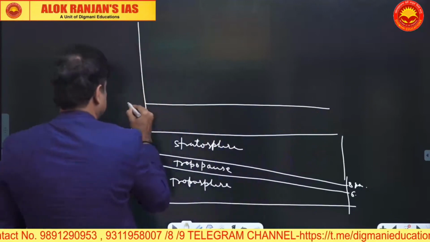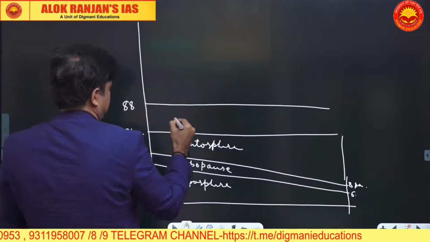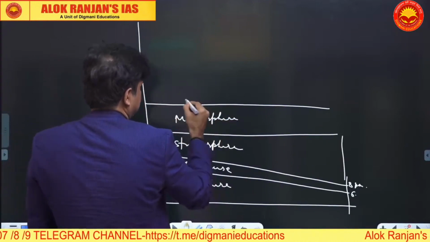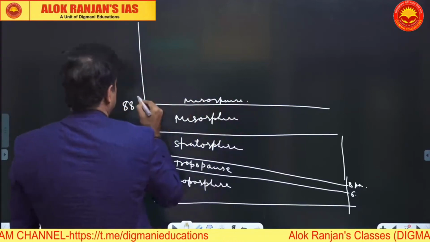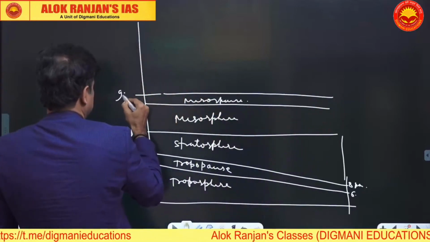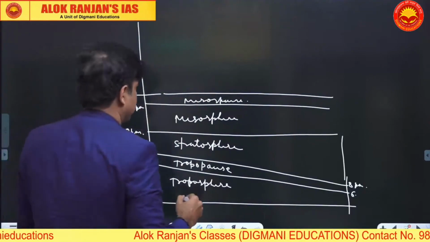Then you have 88 kilometers. Mesosphere and mesopause. This is your 90 kilometers. Mesosphere, mesopause.